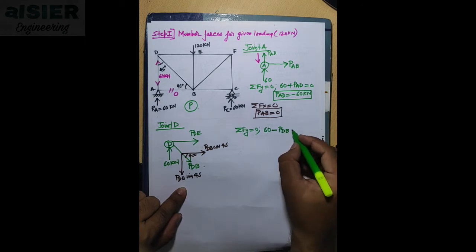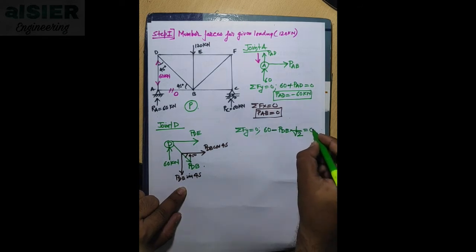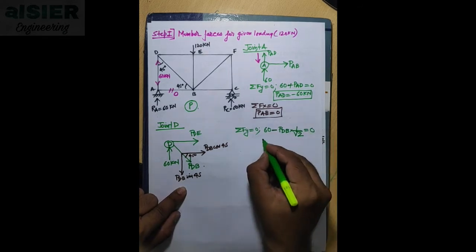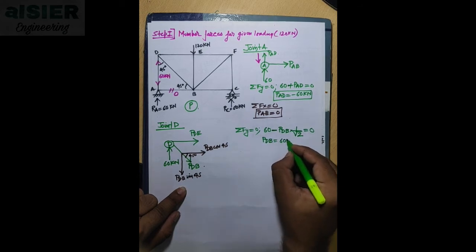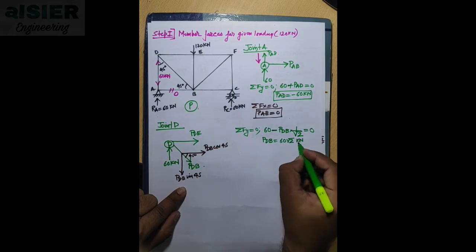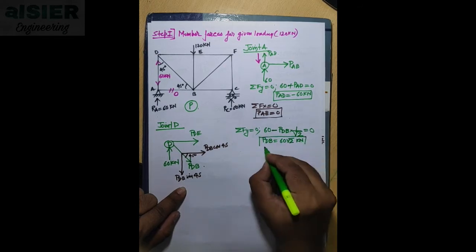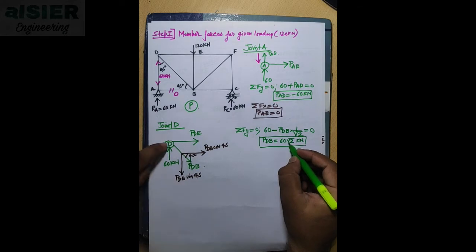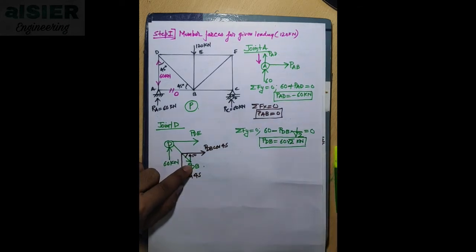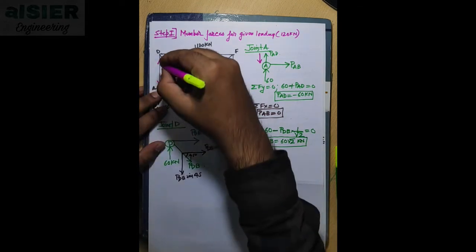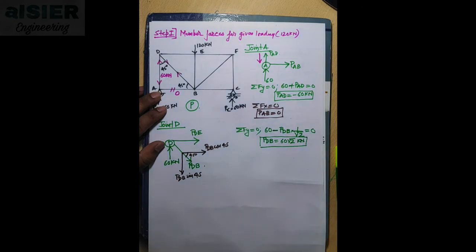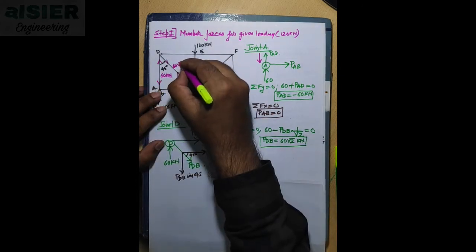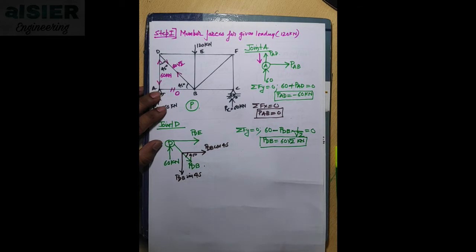Now sin 45 means 1 upon root 2. So from this equation we will get PDB equals 60 root 2 kilonewton. Right? And this is positive. Positive means our assumption is correct. This direction is correct. We will write in the diagram. So direction is away from the joint. So we will mark here away from the joint and away from the joint. And answer is 60 root 2. Okay.